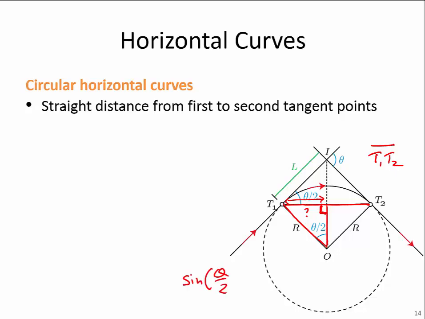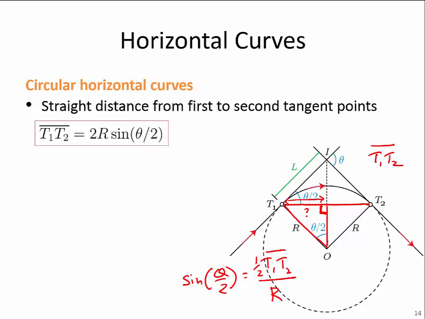So sine of theta over 2 is going to be equal to half of T1, T2 divided by R. Rearrange that. T1, T2 is equal to 2R sine theta over 2. Job done.